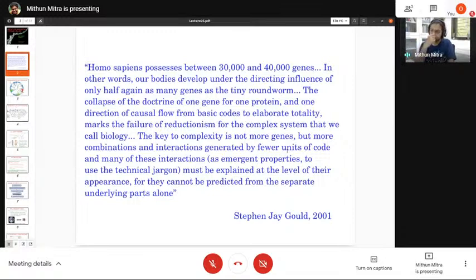Here's a very nice quote by Stephen Jay Gould, who says that if you think about humans, we have around 30,000 to 40,000 genes, and if you look at the number of genes in the tiny roundworm, that is about double that.